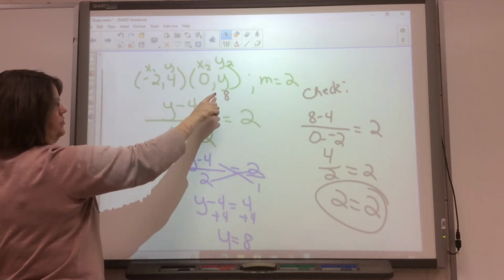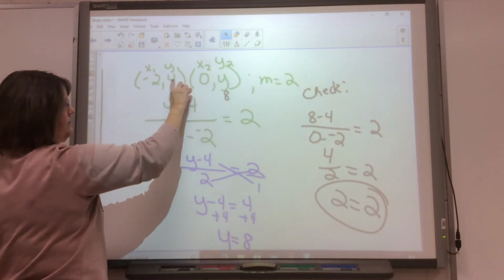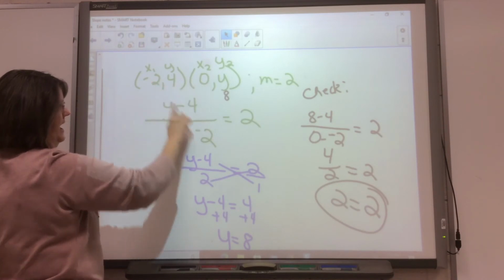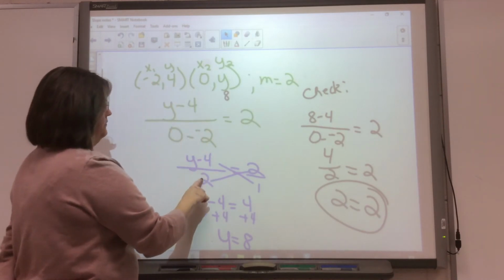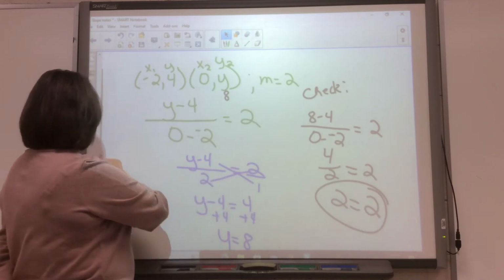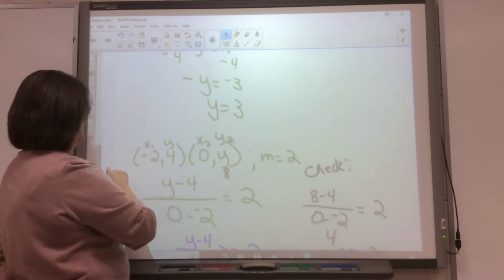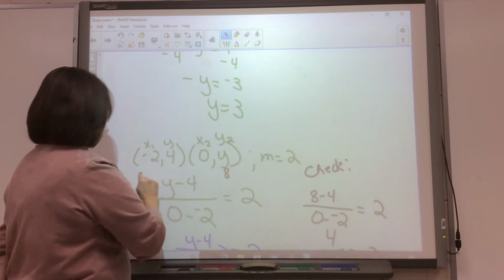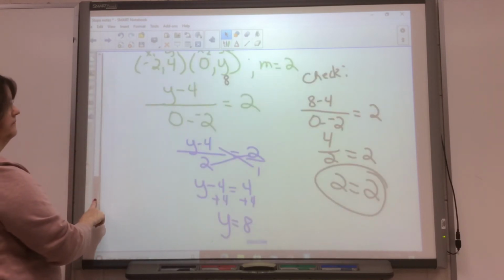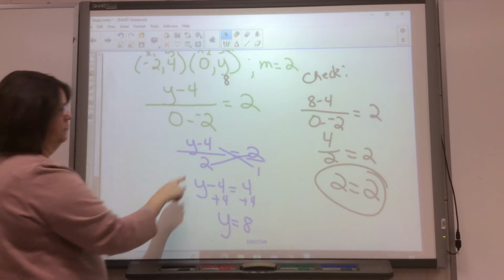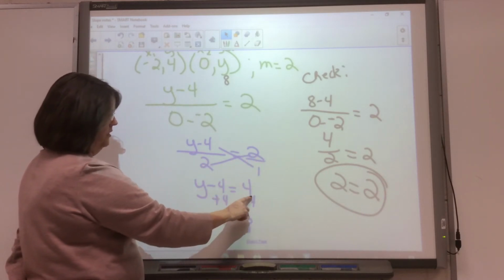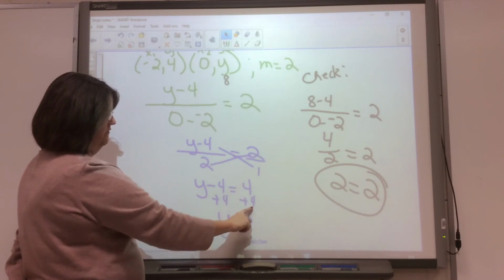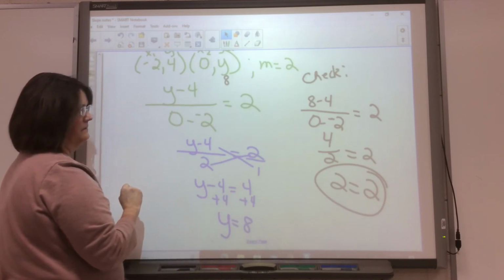You just plug into the formula: y minus 4 over 0 minus negative 2, be very, very careful. y minus 4 over 2 equals 2 over 1, cross multiply again. Then you'll get 4 here. y minus 4 is equal to 4. Add the 4 to both sides, and y is 8.